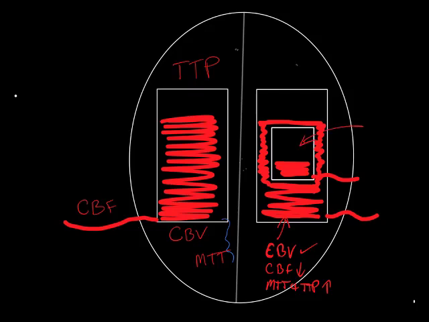Whereas in the center, you have low cerebral blood volume, low cerebral blood flow, and MTT and TTP are both elevated. And so this would be the core of the ischemic infarct, and the surrounding is the potentially viable tissue.